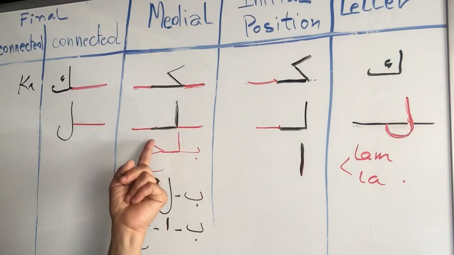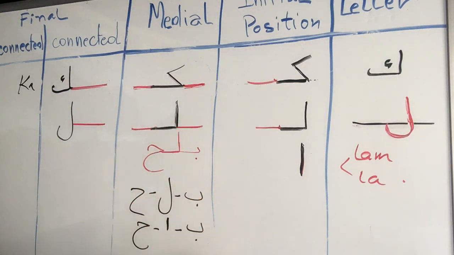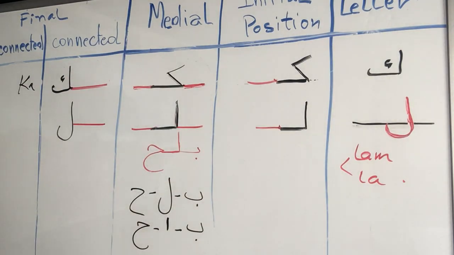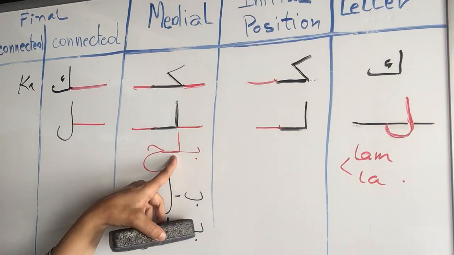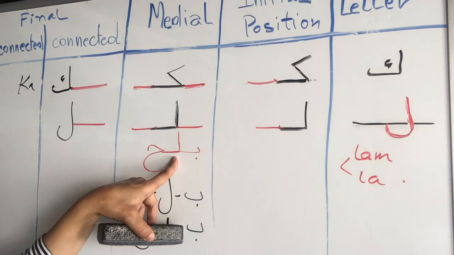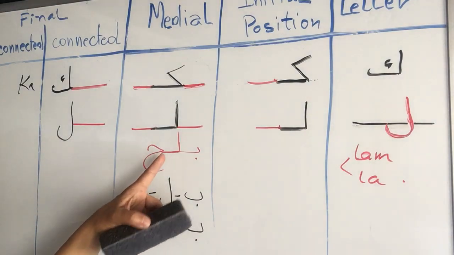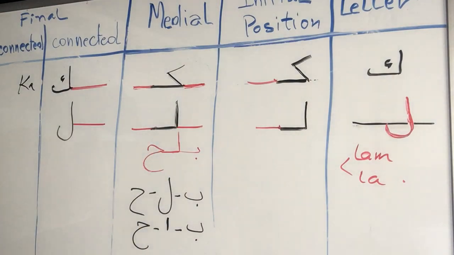Connected before, but not connected after. It's one of the one-way connectors. So I hope I don't see this in your assignment. When I give you disconnect like this, oh, this is lam, because it goes straight on the line. If it's alif, it shouldn't be connected after.